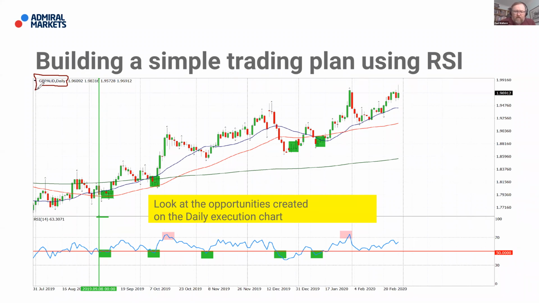If we've got a bullish bias on the higher time frame, then every time the indicator drops beneath the 50 center line, that tells me price might be overextended in the counter trend, and this gives me an opportunity to buy a pullback and join the trend.